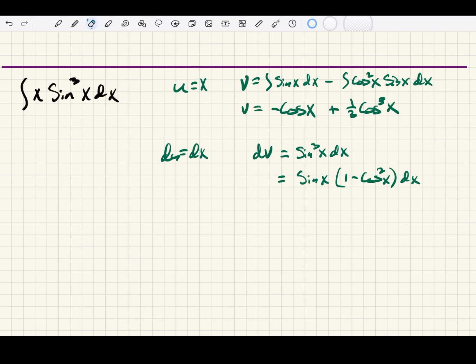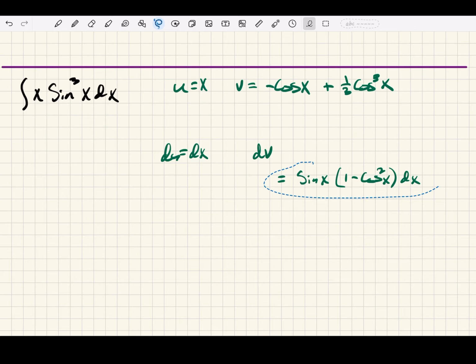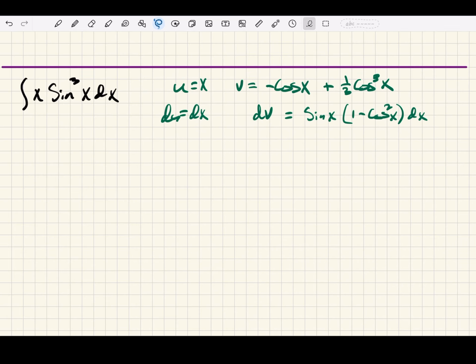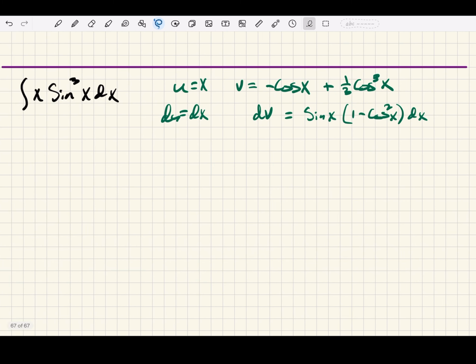What I need is what u is, what v turned out to be, and what dv turned out to be. Wait, did I do all that right? Yeah. Okay, so now I'm going to use my integration by parts, aren't I?